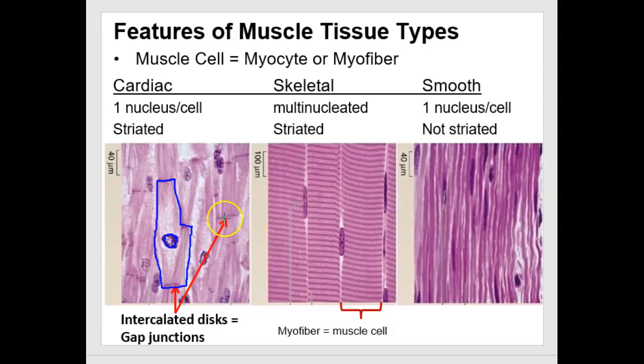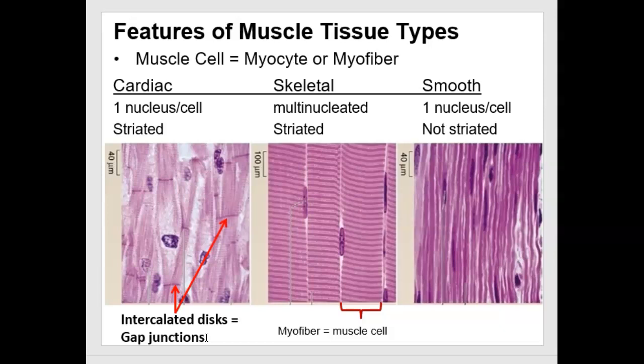Also present at the ends of a cardiac muscle cell are these dark stained regions that are called intercalated discs. What these discs are, are gap junctions that we learned about when we talked about membrane proteins.